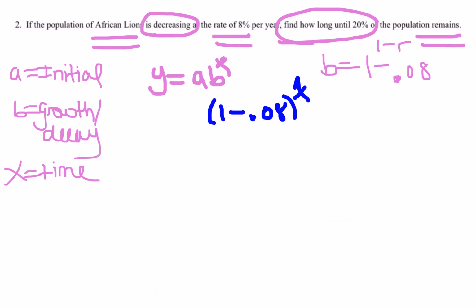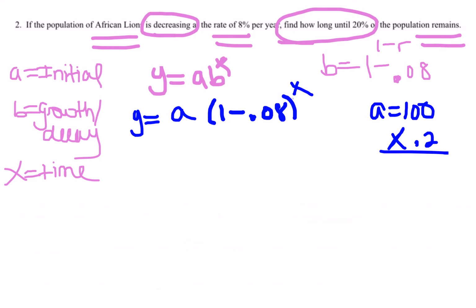Now, here's the deal. They do not tell you an A value at all. They don't tell us what the African lion population is starting out as. All they say is that they want it to be 20% left over. Now, if you don't like that there's no A value there, let's just make up an A value. Let's say that you started out with 100 lions. Okay? And if you start out with 100 lions and you multiply this by 0.2, you will obtain a value of 20.